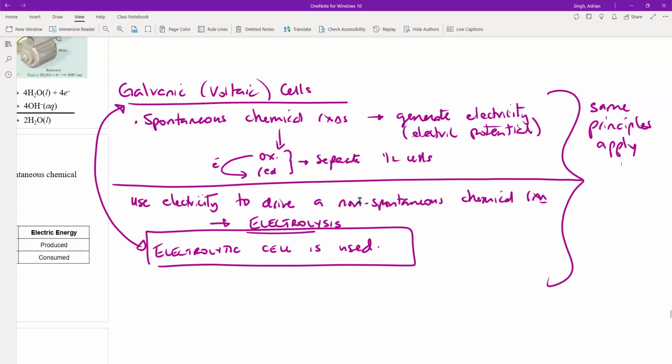Whether we're looking at spontaneous versus non-spontaneous reactions, whether electricity is produced or whether electricity is consumed, those are the hallmarks that distinguish one type of cell from the other. We'll take a look at one example of electrolysis to illustrate this, and then we'll show how we can use that to carry out important processes.